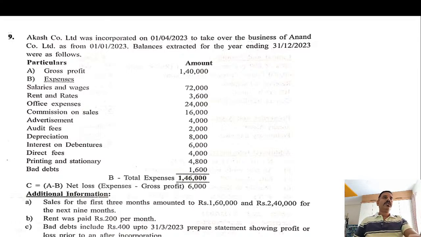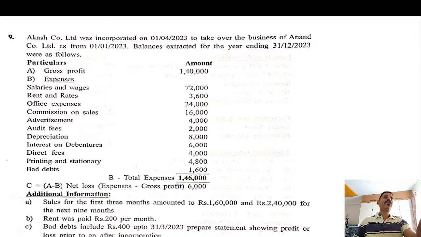Akash Company Limited was incorporated on 1/4/2023. Here you should see when the company was started, when it was incorporated, and the financial year or calendar year. Then you have to decide how much is the prior period and how much is the after period. That you have to calculate.